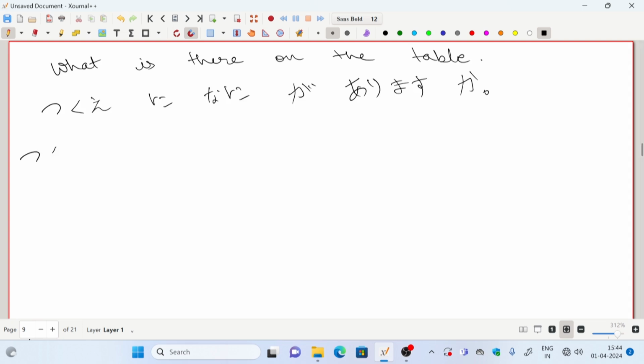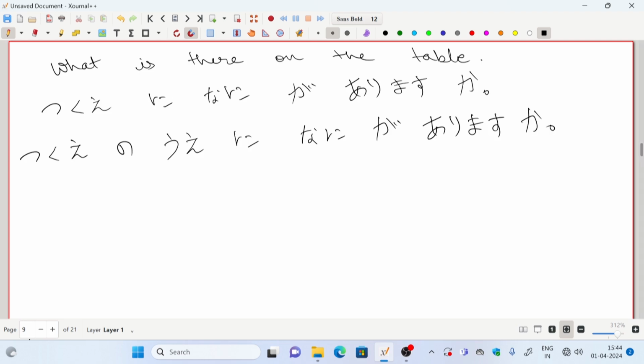We can also write tsukue no ue ni nani ga arimasu ka, and then we can reply with many things. Okay, tsukue no ue ni, there is book, hon.